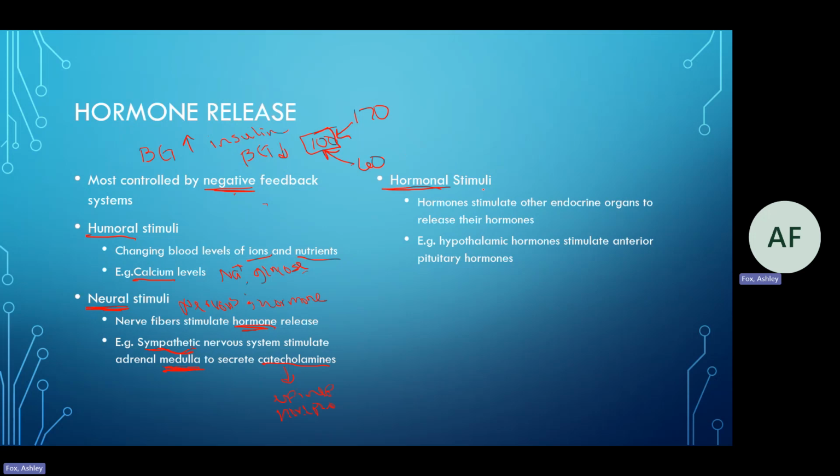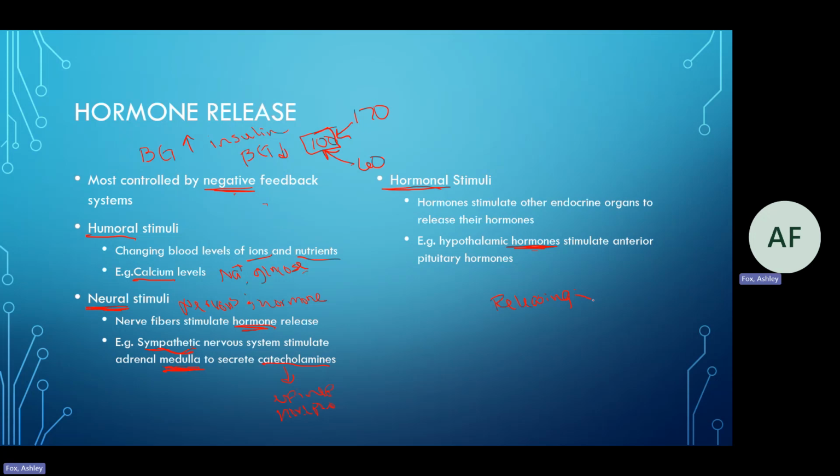Hormonal stimuli, a lot of the ones we're talking about, is going to be because hormones stimulate other hormones to be released. So we're going to talk about the hypothalamus and the anterior pituitary hormones. The hypothalamus is going to release what we call releasing hormones. And they're going to go right, a direct connection, to the anterior pituitary.